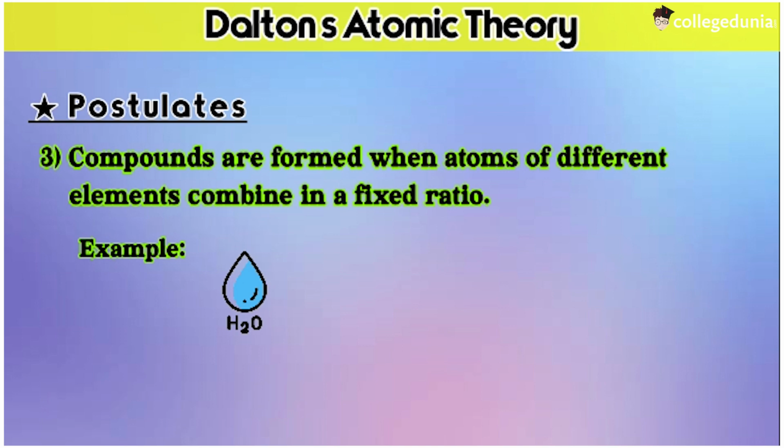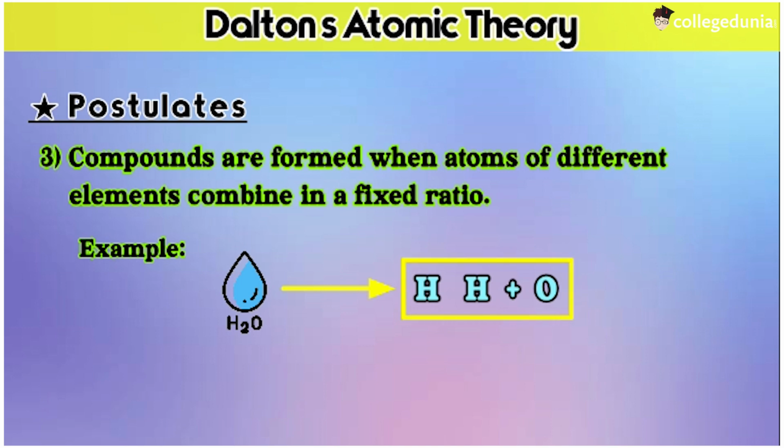In this compound you can see that there is a combination of two atoms of hydrogen with one atom of oxygen, and by this ratio of combination only, both the elements together form H2O, which is the formula of water. But in case we make some changes in its combination ratio, then what will happen? Let's find out by adding one more atom of oxygen to it.